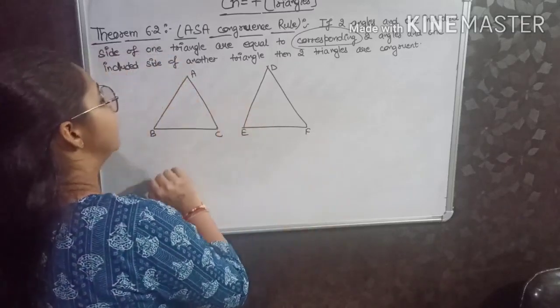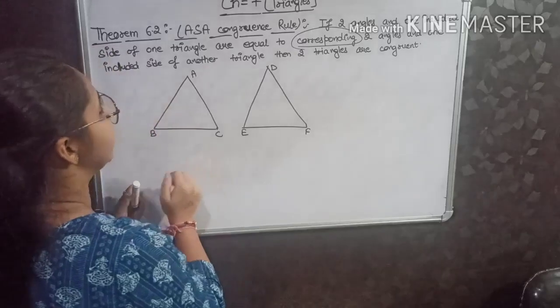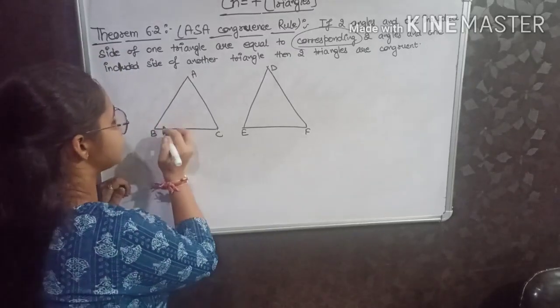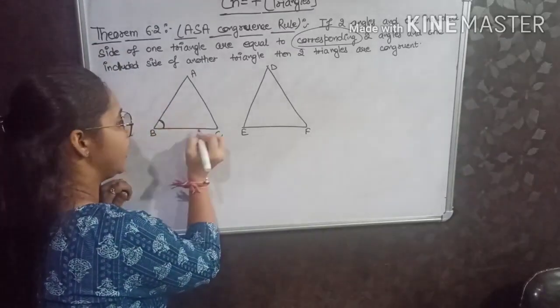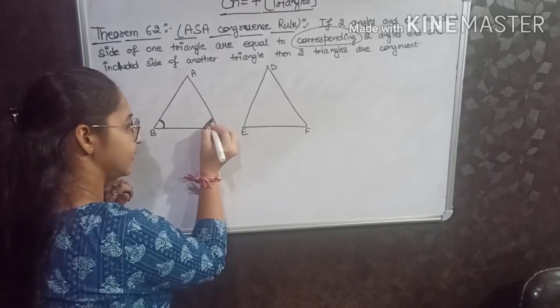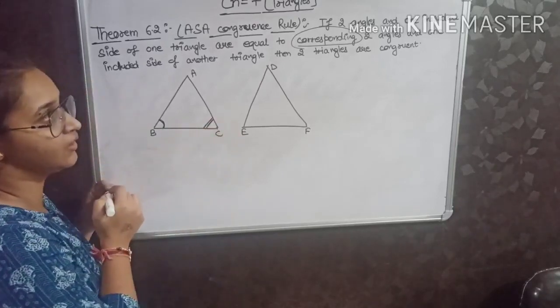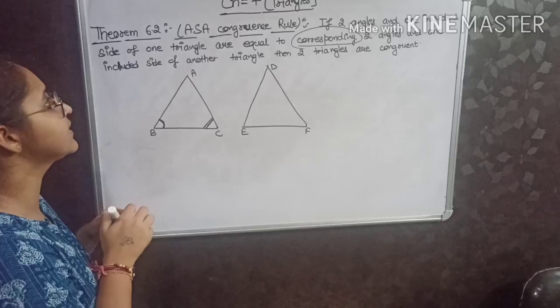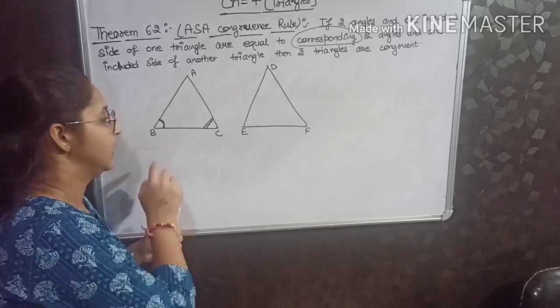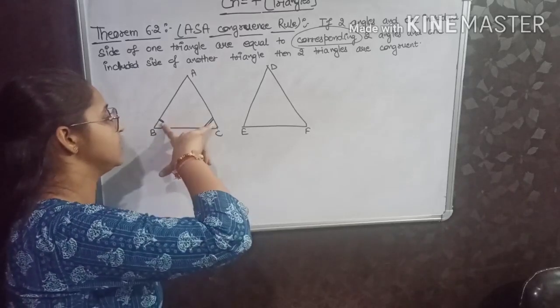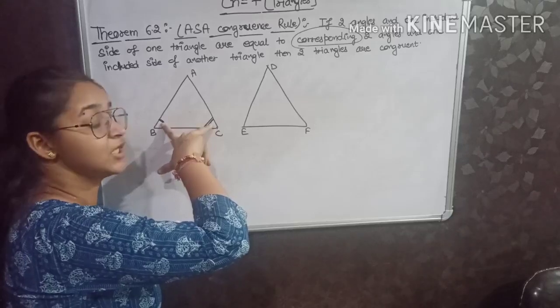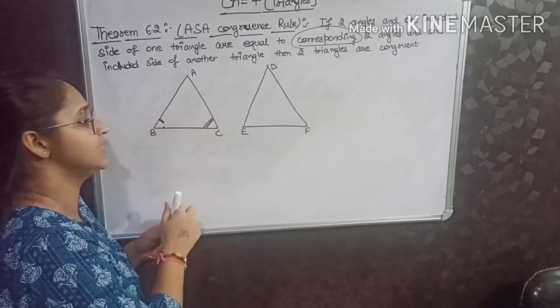So let's see. If I am taking this angle and this angle, these two angles, now which is the included side of these two angles? Very good, BC.